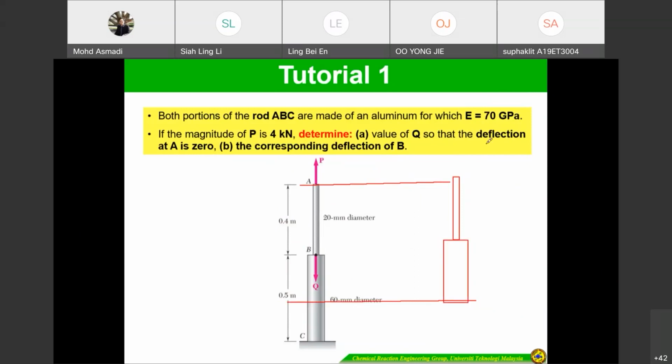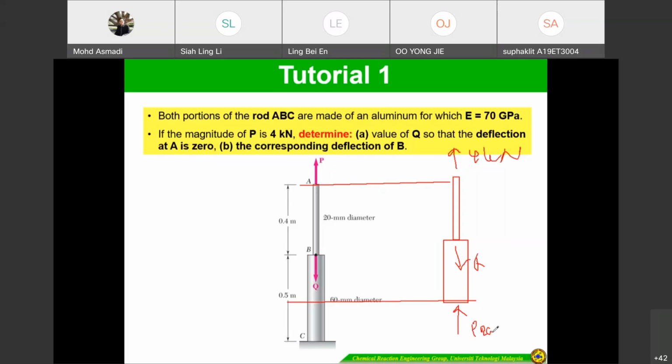So you cut there. If you look here, this one is 4 kilonewton, and of course this one is Q. I think this one is going to be deformation, compression, so P_BC.